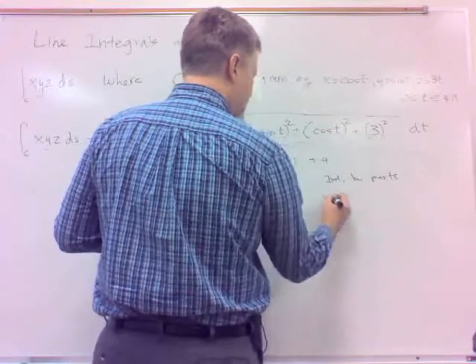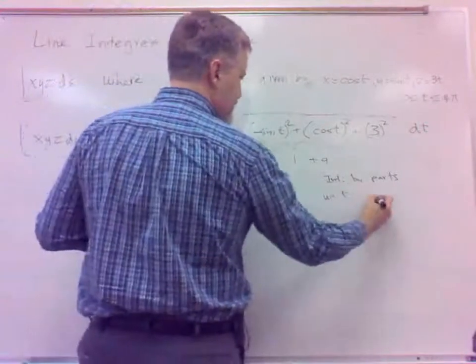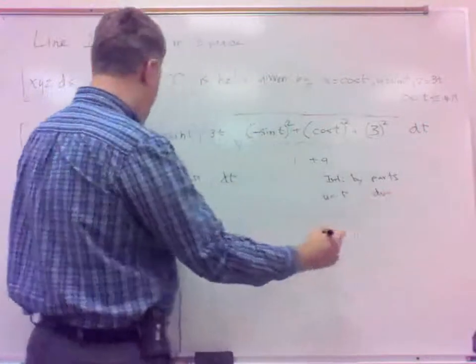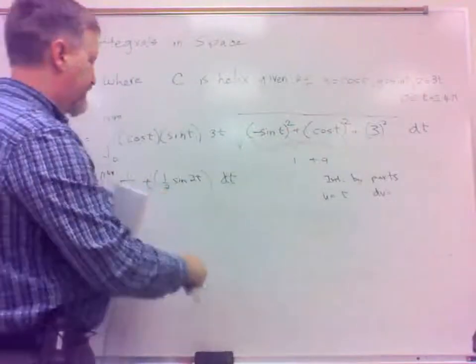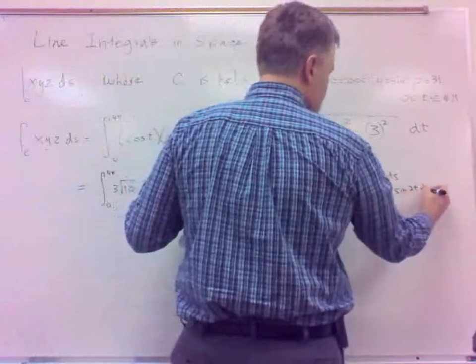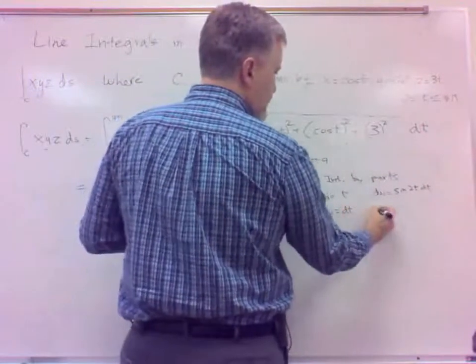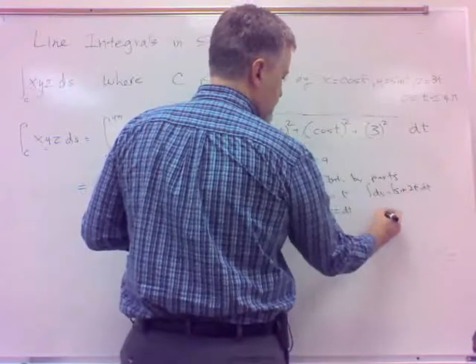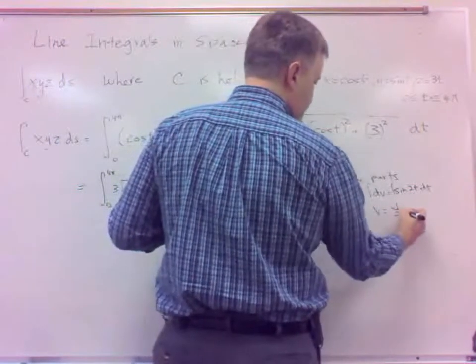Quick review of that. All right, so we let u be t, and then dv is the rest. I'm just going to leave off the coefficients here and just call it dv sine of 2t dt. And so then du is dt, and then the integral of this is v, right? So that would be 1/2 negative cosine of 2t.